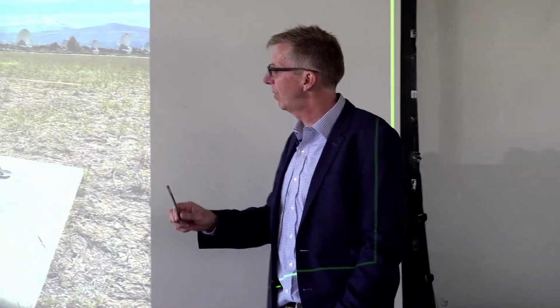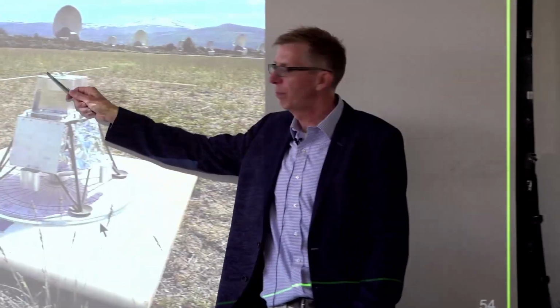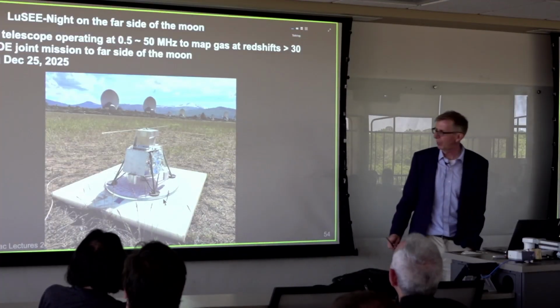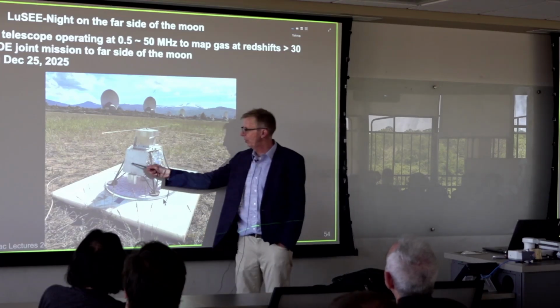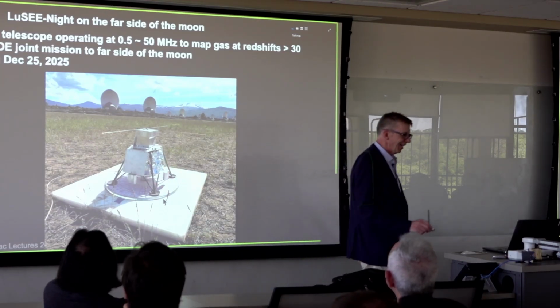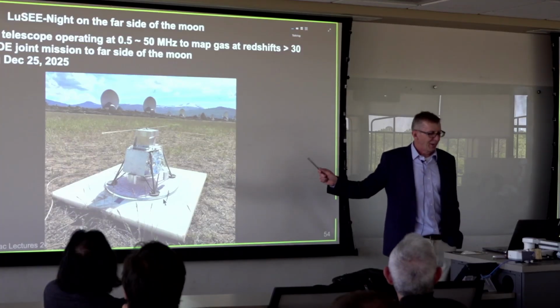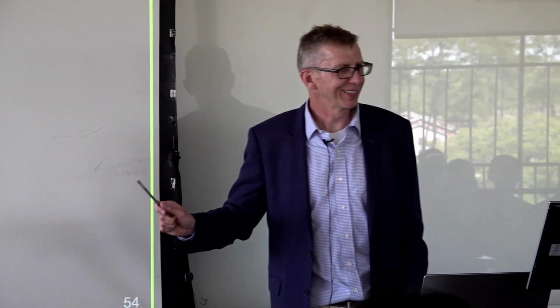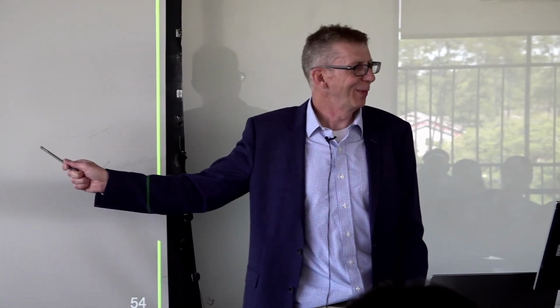launching on Christmas Day. And it's just a pair of dipole antennae. So pretty simple instrument. And actually, most of the payload here is just a big giant battery. I don't think we'll learn very much from this first instrument, because you can see it's not very much.